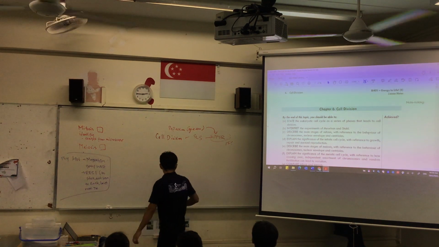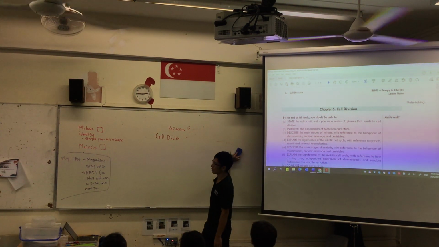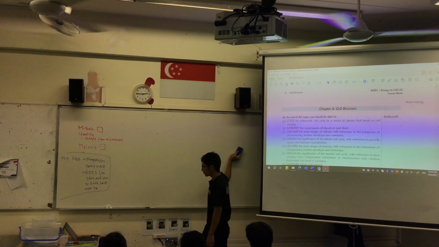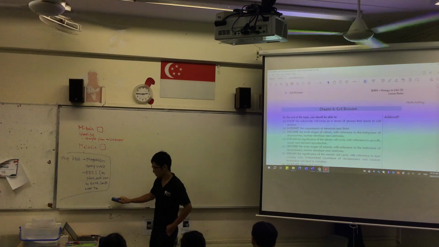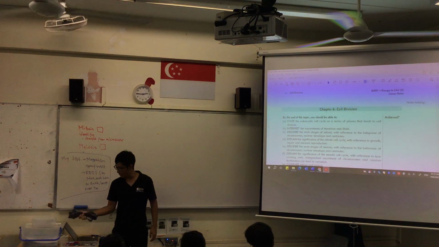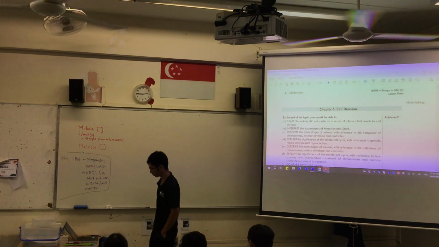Okay? First and foremost, may I get you to open up your digital notes for cell division. Go to the section of mitosis. We'll do a quick revision. On the whiteboard, I'm going to put up some magnets later on. We will use this to do a quick revision also.